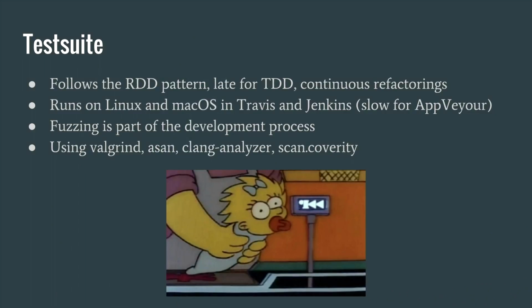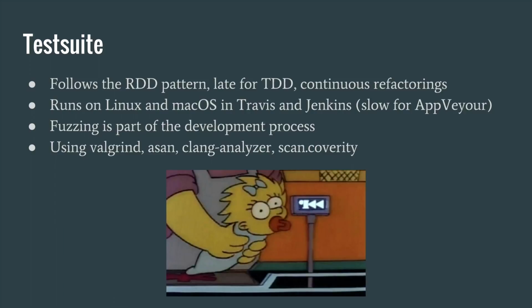So as I said before, I try to use the test suite. I use the RDD pattern, which was invented by me, and it's mainly a regression development pattern. After you find a regression, you write a test, and then you test that this regression will not happen again. The reason for this is because it's too late for doing TDD.